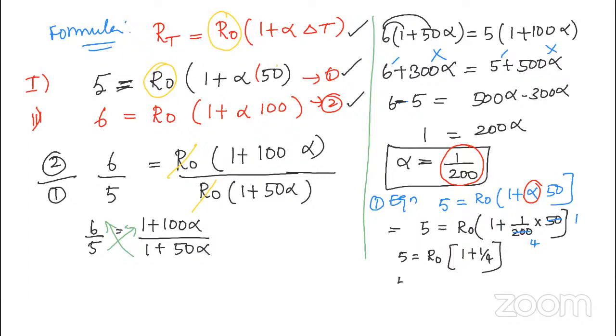Then 5 is equal to R0 into 5 by 4. On the left side 5 and on the right side 5 cancel, and it becomes 1 is equal to R0 by 4. So R0 is equal to 4. Since this is resistance, put the unit, ohm. So 4 ohm is the right answer.